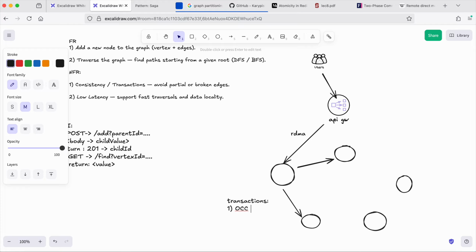That's about the optimistic locking. In general, all our vertexes are about storing one additional field that's called version, and we will use maybe hybrid logical clocks or Lamport clocks for version stamps to avoid wall clock drift and achieve some ordering.